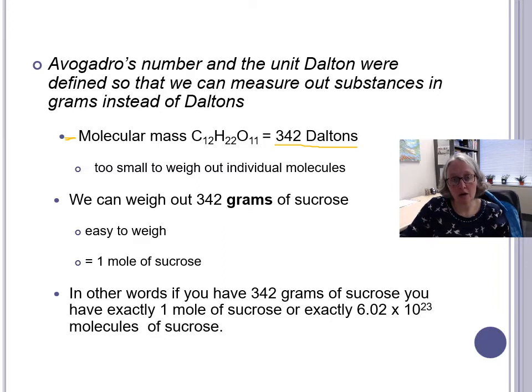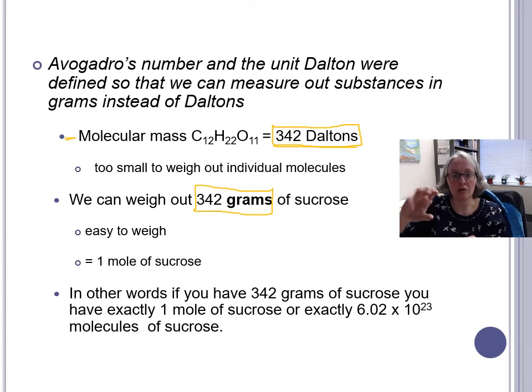Because of the way that Avogadro's number and the unit Dalton were defined, we can simply do the following. Instead of trying to weigh out something that's 342 Daltons, we can just weigh it out in grams. It is very possible to go into a lab and measure out 342 grams of a substance. This is easy to weigh, and the following is true.